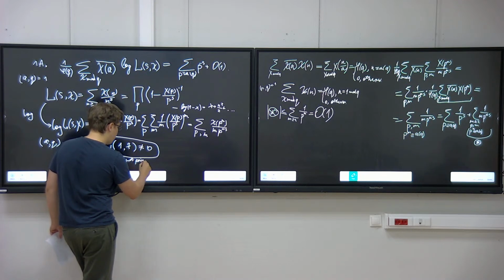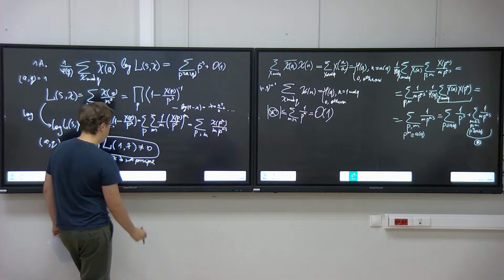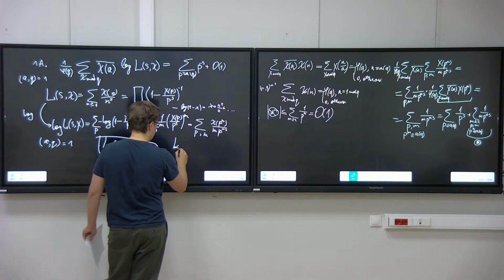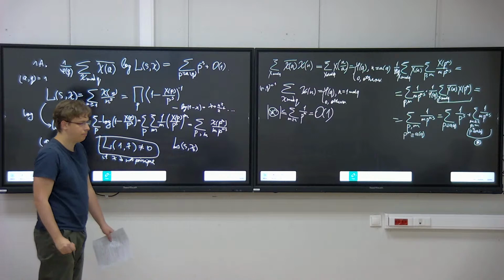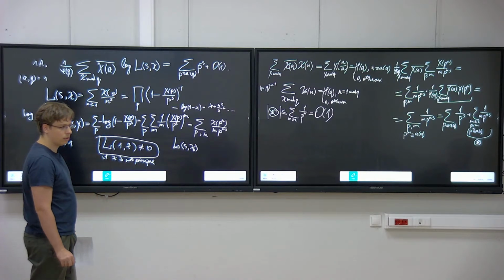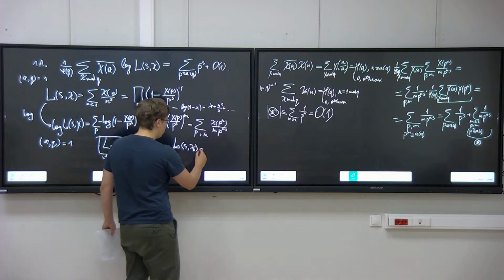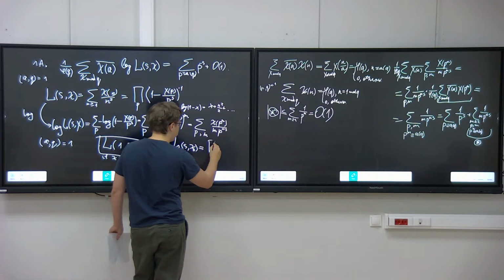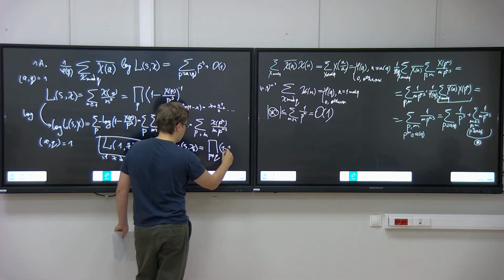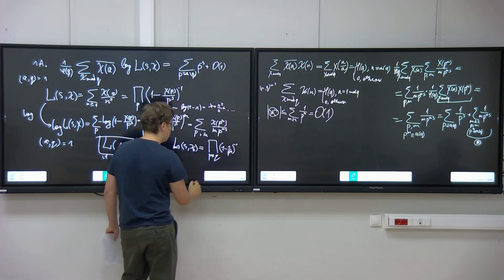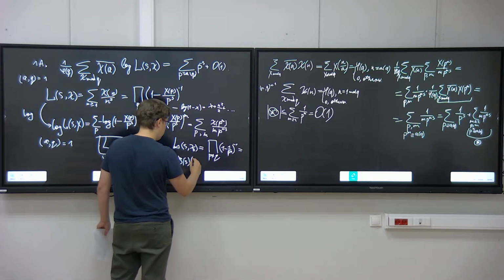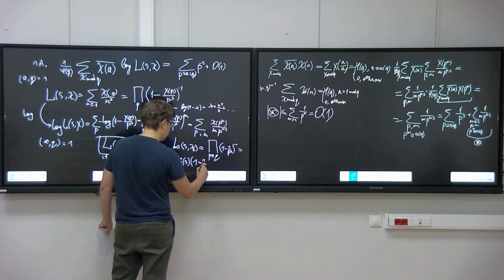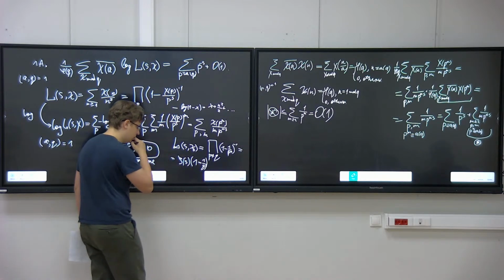Principal means the main character, when all values are ones. What do we know about the L function of the principal character chi zero? If we write it as a product, it will be a product over all primes not equal to q of this. And this is the zeta function multiplied by 1 minus 1 over q to the power s.